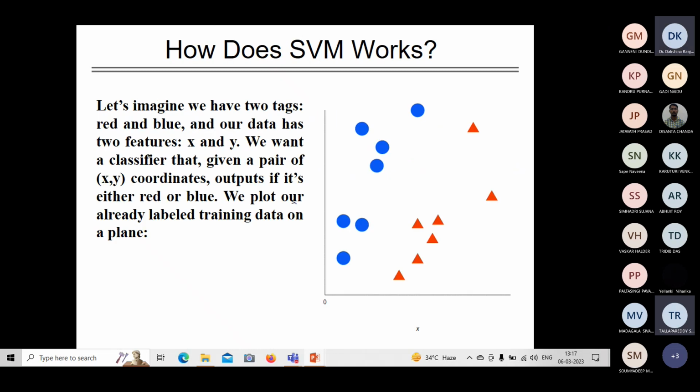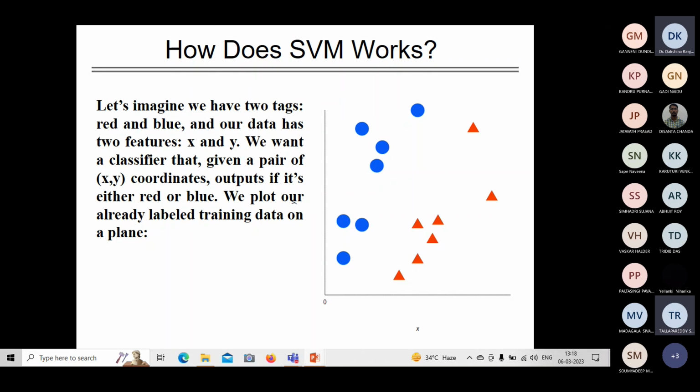Now, if we try to understand how SVM works, let us imagine that we have two different sets of data points. One set of data points is labeled by blue color, and another set is labeled by red color.